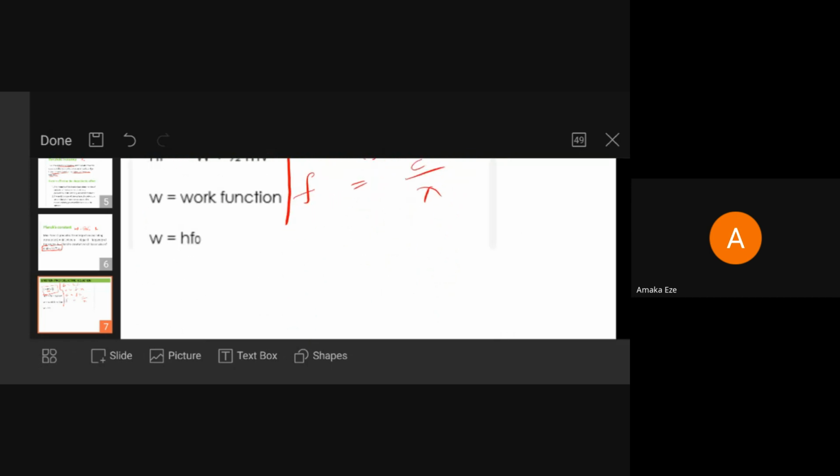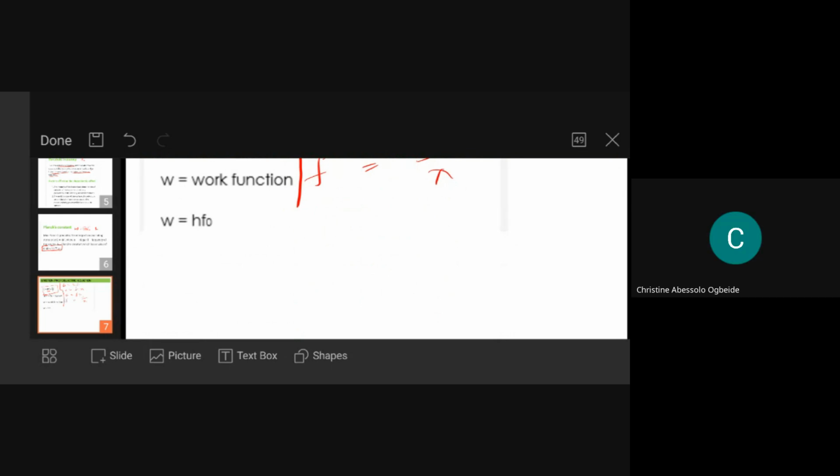I want to write a few things here. Now, generally, the photoelectric equation is given as E equals W plus the kinetic energy. No, let me write it out plainly.